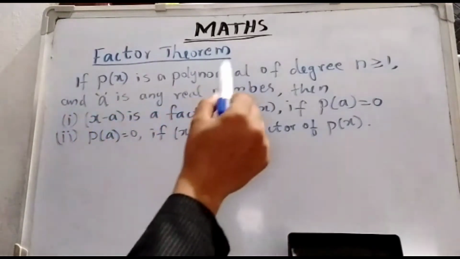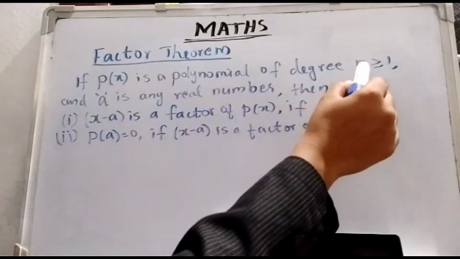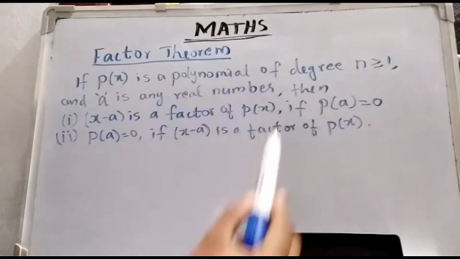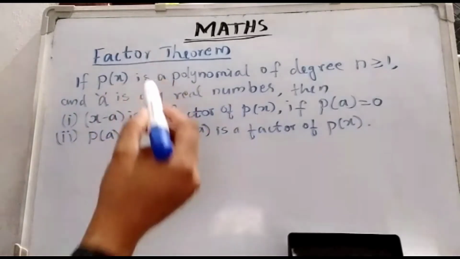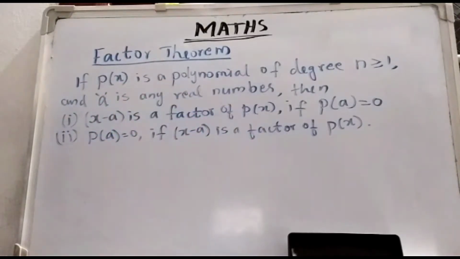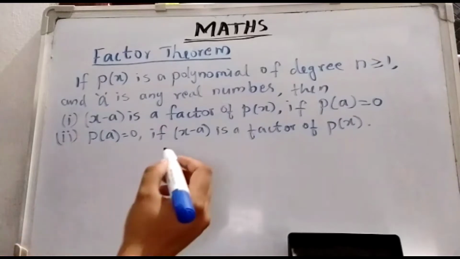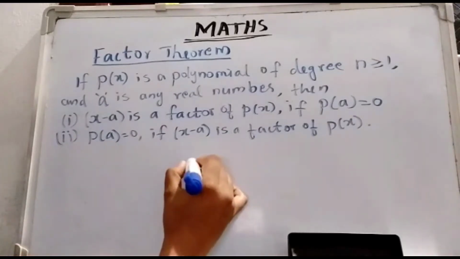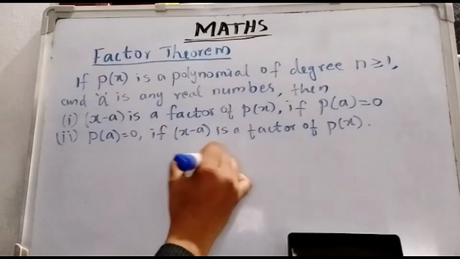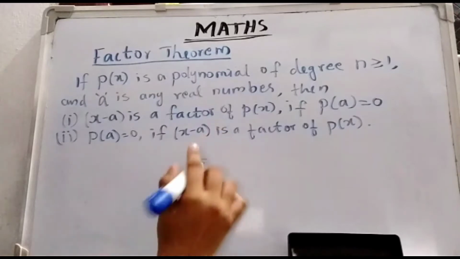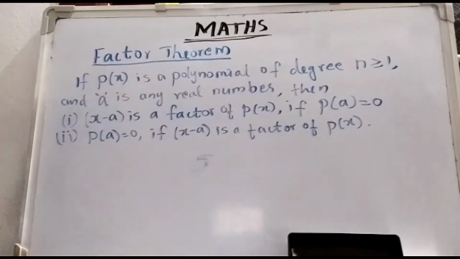If p of x is a polynomial of degree n greater than or equal to 1, factor theorem is applicable for polynomials having degree greater than or equal to 1. Clear? Listen here. 5 is also a polynomial.